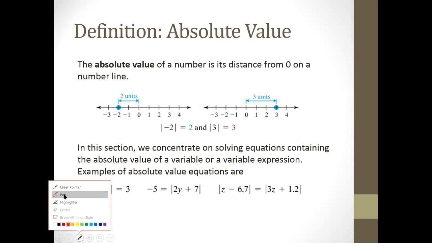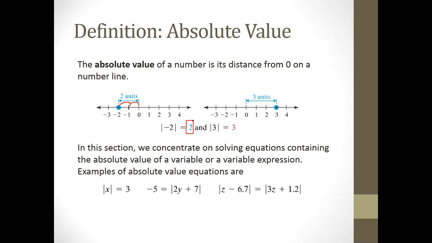In this case, we can see clearly that -2 is 2 units from zero. Therefore, 2 is the absolute value. That's the answer. The distance that -2 is from zero is 2 units away. So the absolute value of -2 equals 2.